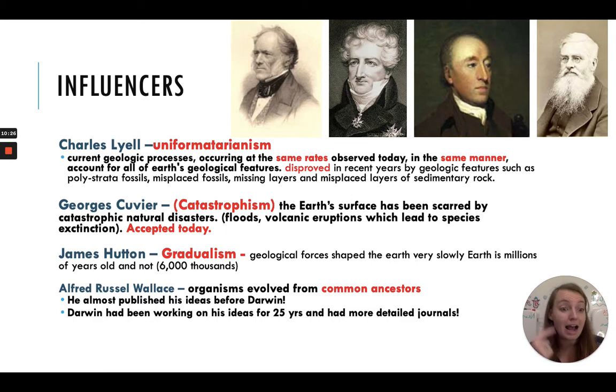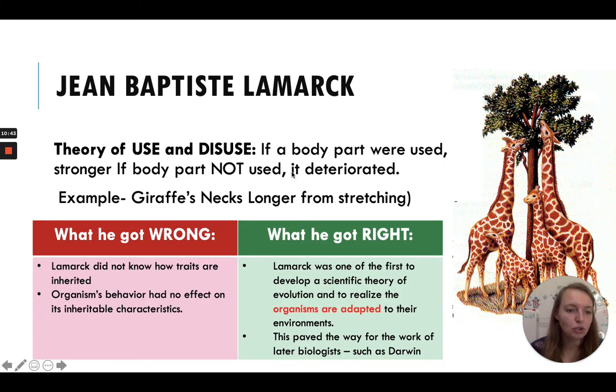But once Wallace, this young new scientist on the block, writes, Darwin realizes, I need to publish my ideas about evolution, or someone else is going to get credit for them or think about them first. So he did publish his book, which we'll talk about in a little bit.